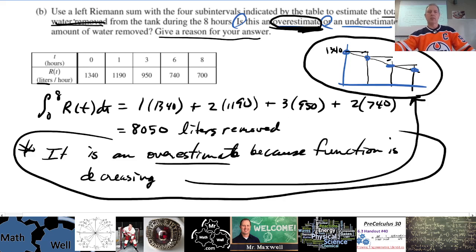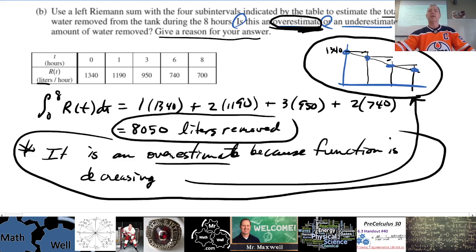I'm talking about B here still. I'm just saying, make sure that it's either in the question that it says the total amount of water removed, and then your answer could be just 8,050 liters. Or if it doesn't say removed in the question, you have to make sure that they know that you know that this is liters being removed.